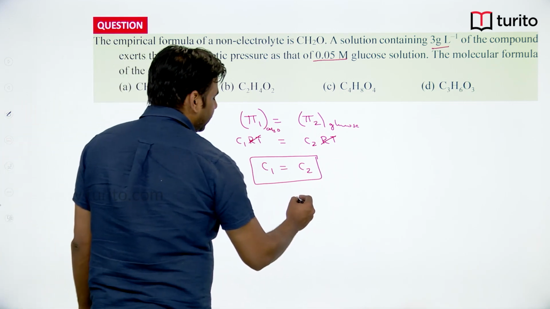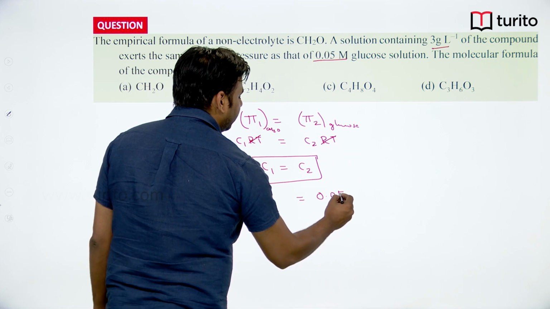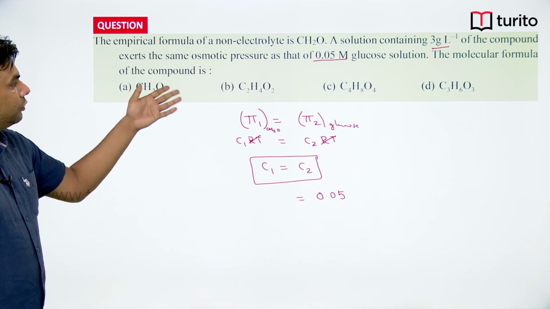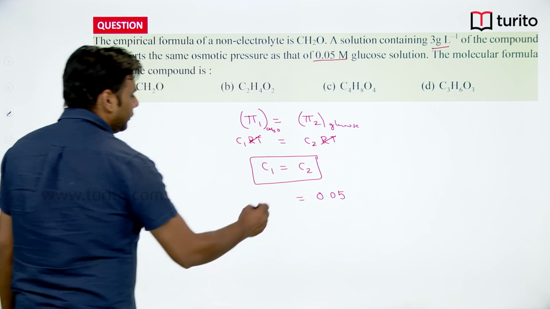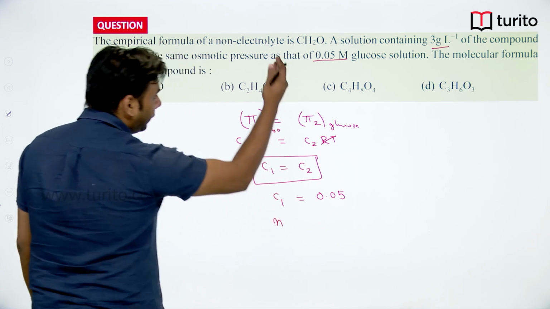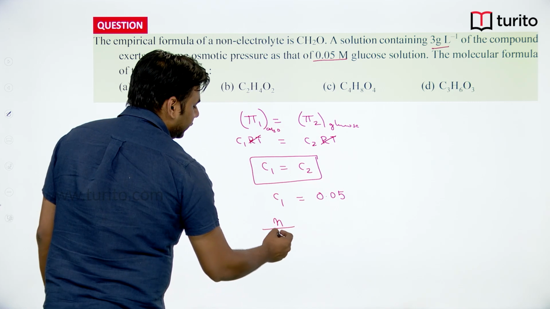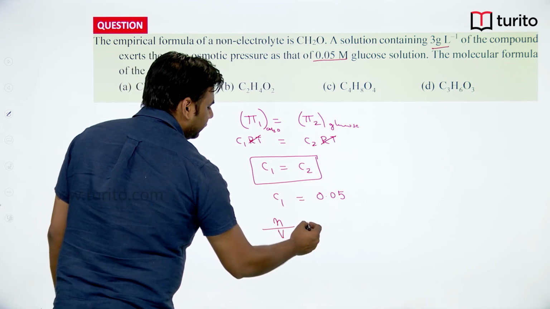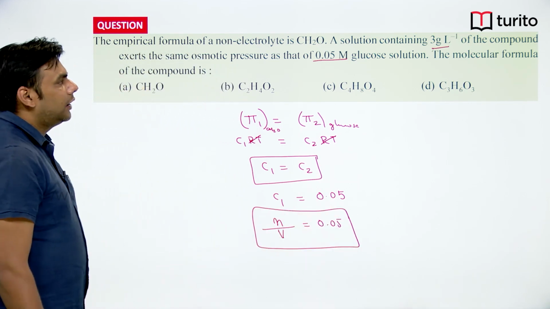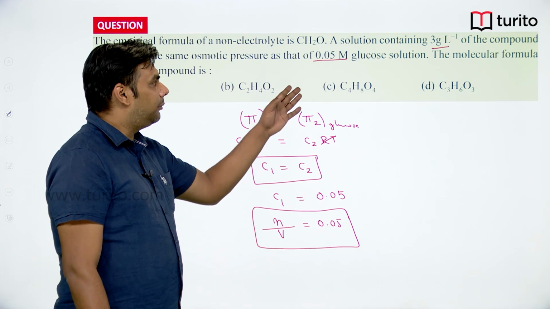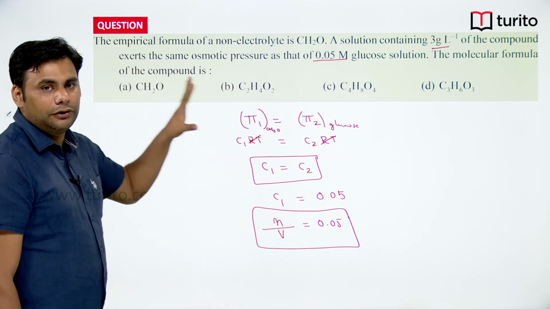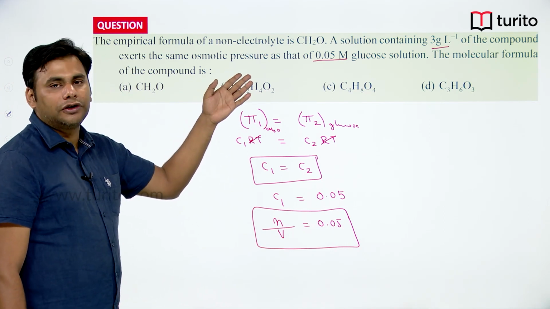So we know the concentration of glucose is 0.05. So the concentration of the compound CH2O should also be 0.05. So we know the concentration of this compound is number of moles of this compound divided by its volume. This should be equal to 0.05. Now in the question you have been given that the compound contains 3 gram per liter. It means that in 1 liter of solution we are dissolving 3 gram of CH2O.